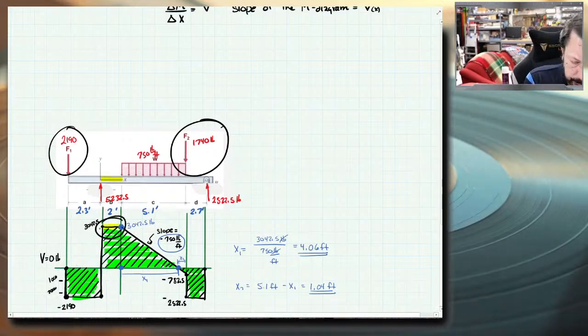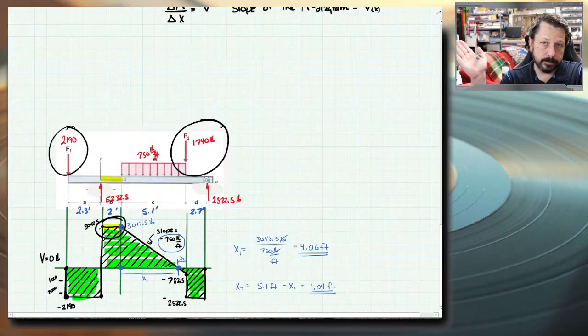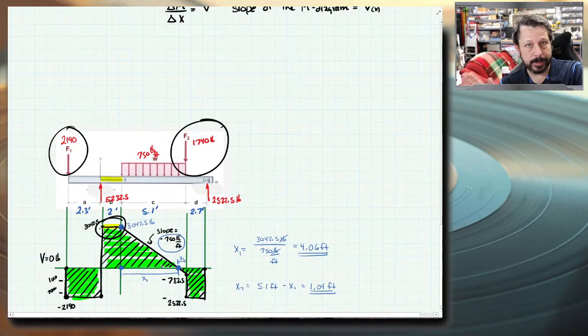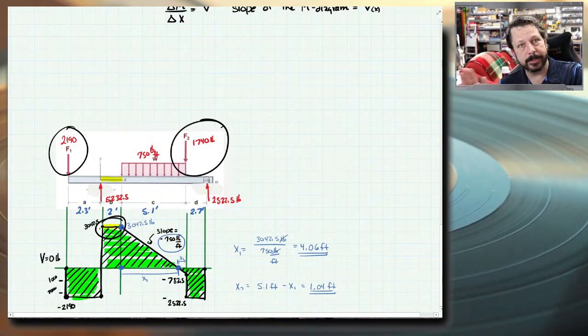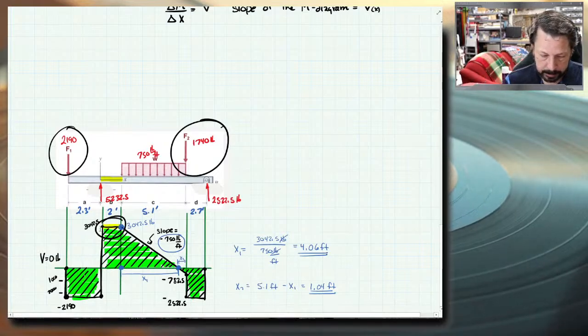Here, I've got a positive shear, a constant shear, and it's positive. So the moment diagram is trying to go upwards. It's got a constant slope, so a straight line, but not vertical, but not curved is what I'm trying to say. It's straight, not vertical though, straight upward facing because it's a positive shear line.